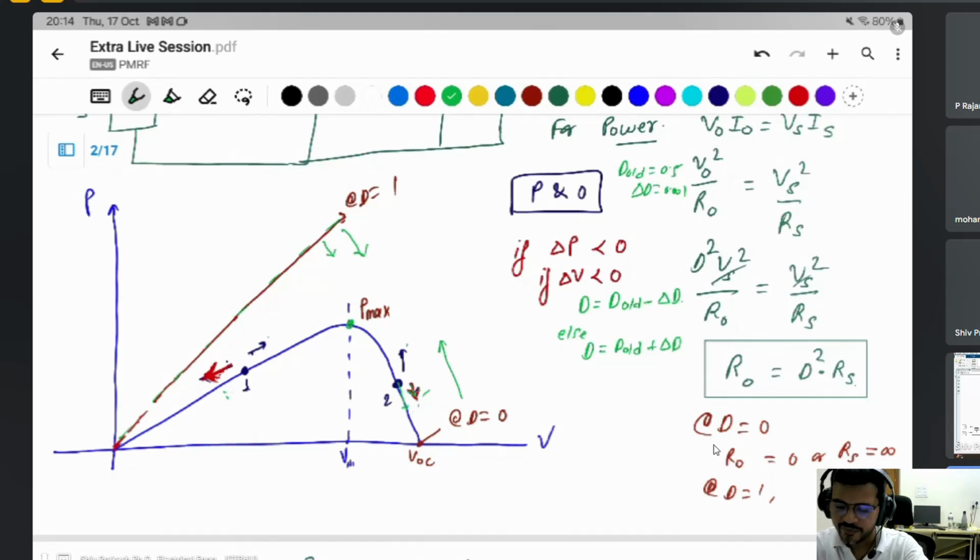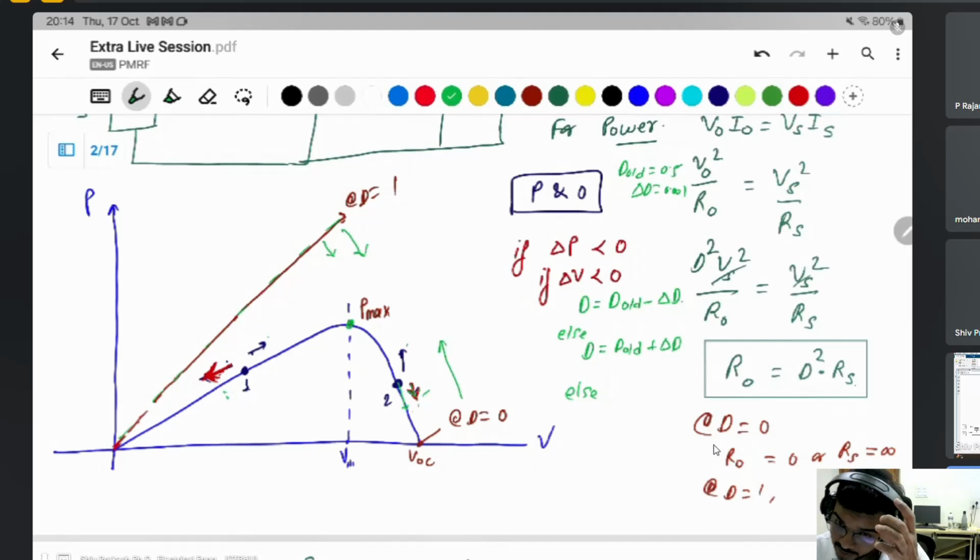Same thing, if delta V, same thing, delta power is greater than 0, or you can write else only.